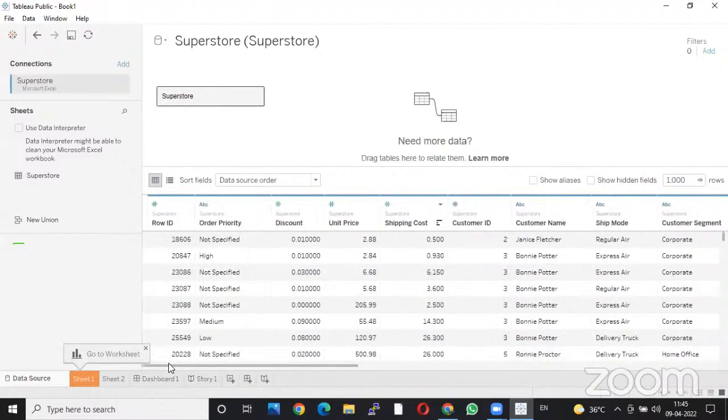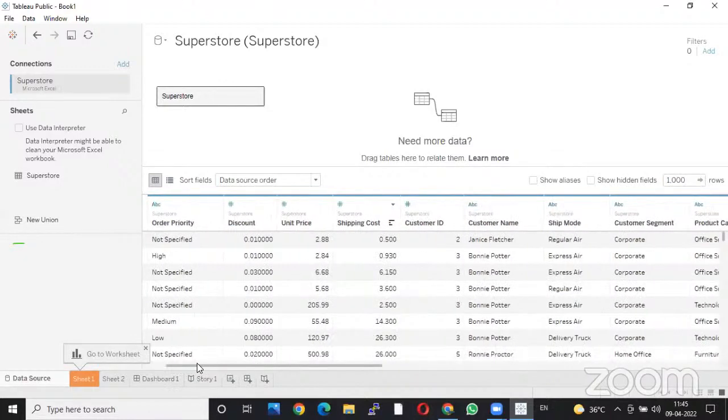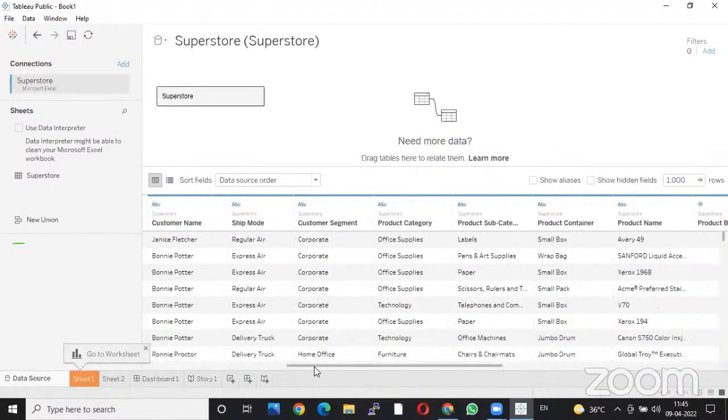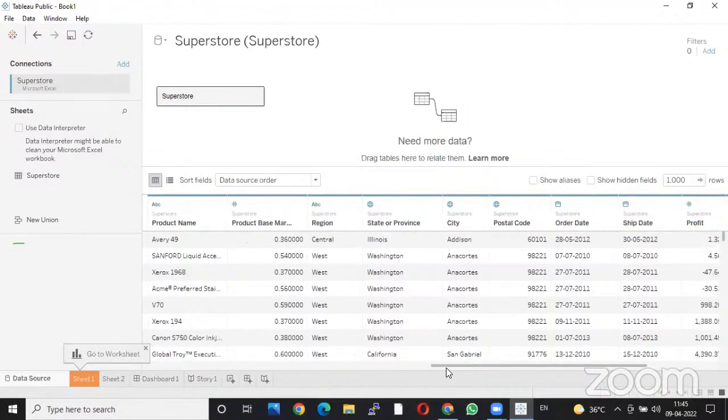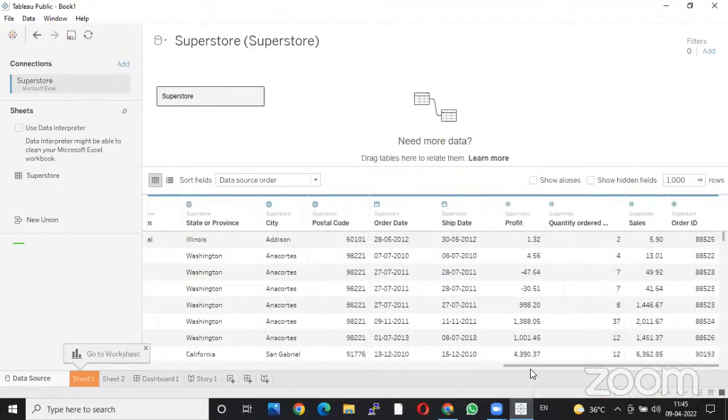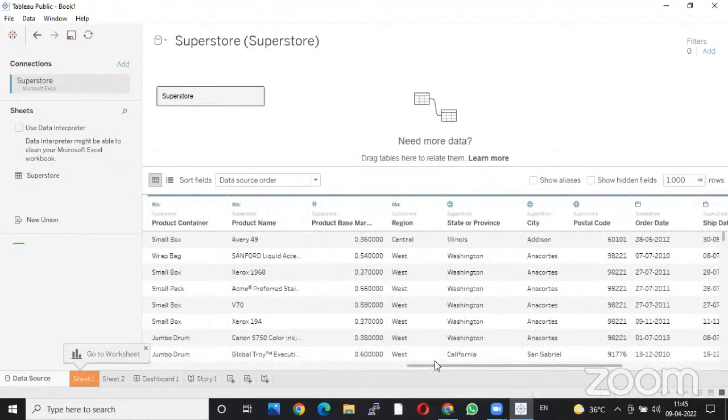So all the columns, like I have row ID, order priority, discount, unit price, customer ID, customer name, all 19 or 20 columns which I have in the Excel sheet can be seen over here. Now, if you don't want any one column in your analysis, like you don't want the postal codes to be included, what you can do is exclude this column from Tableau itself.